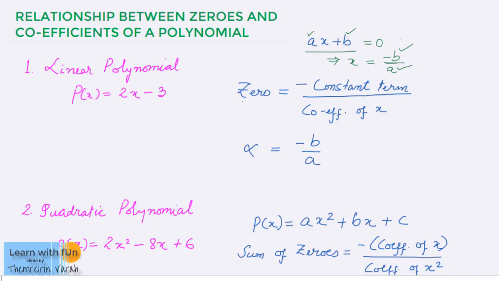The zero of the linear polynomial can be written as minus of the constant term upon the coefficient of x. So the zero, alpha, will be equal to minus b by a.